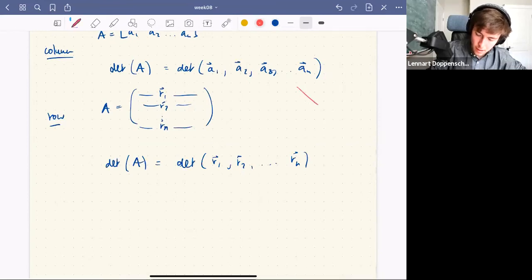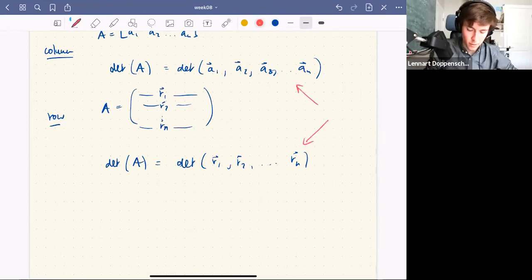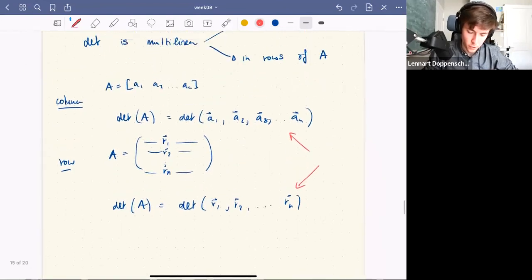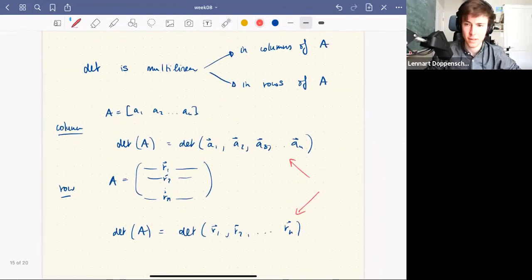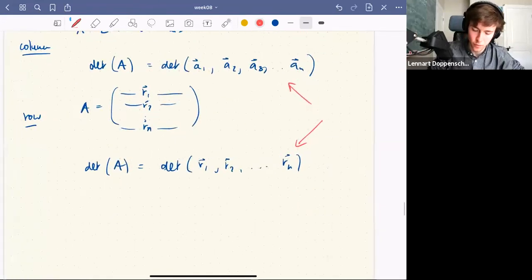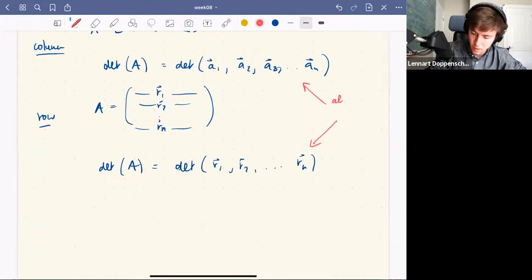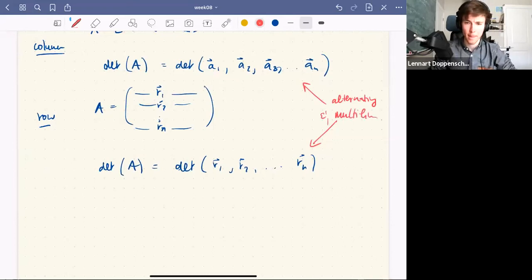And the statement is just that whatever we had about the determinant in terms of columns, multilinear, alternating, and so on, is also true for the rows. So it's alternating and multilinear.